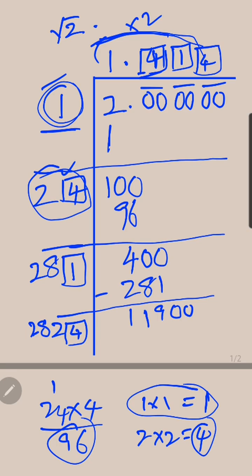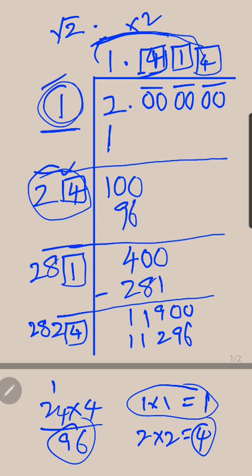Here after that 2,800s are there, that's the reason it's nearly. If we take 4, nearly, what is the answer? We'll get 11,296. Just multiply it. See, here 11,296 is less than 11,900.